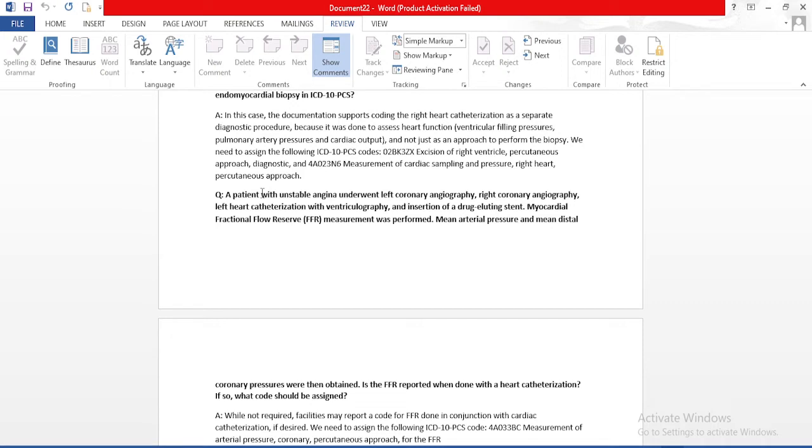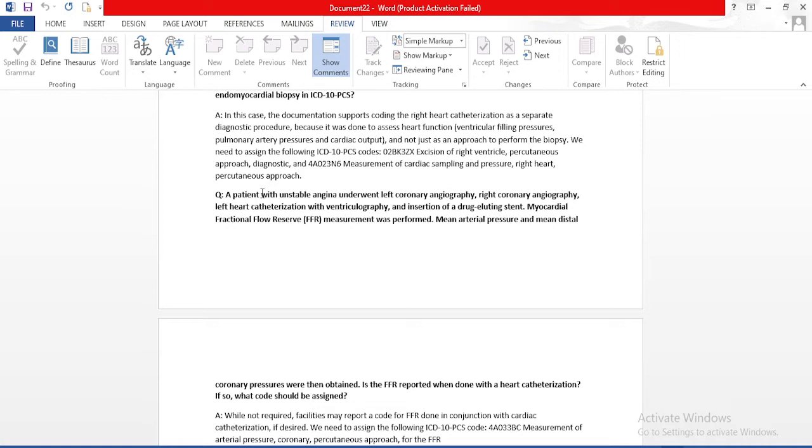Using the cardiac cath, the physician will identify all the pressures inside the heart. So we need to assign the following ICD-10 PCS codes: excision of right ventricle, percutaneous approach, diagnostic, and 4A023N6, measurement of cardiac sampling and pressure, right heart, percutaneous approach.